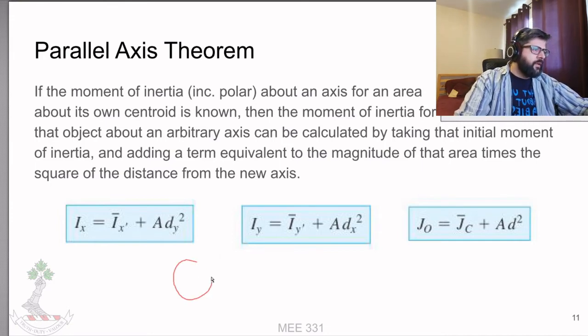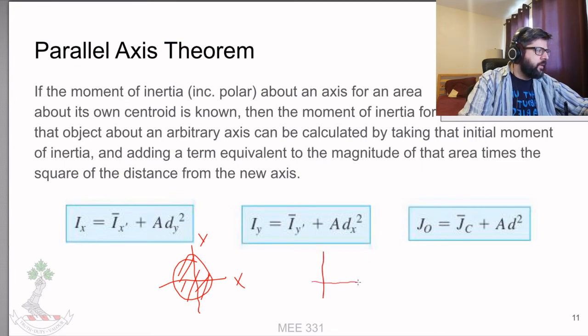So basically, if we've got a circular cross section here, and then we've got our x-axis here, our y-axis here, this would be what allows us to calculate the moment of inertia for an equivalent sized and shaped object, an equivalent circle, about a set of axes that isn't located at its own centroid.